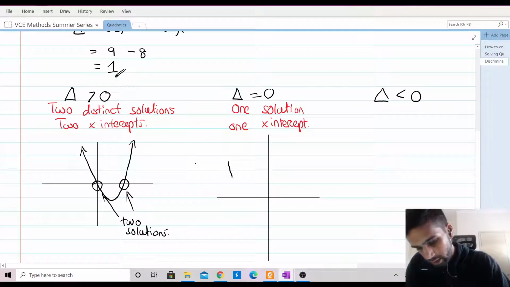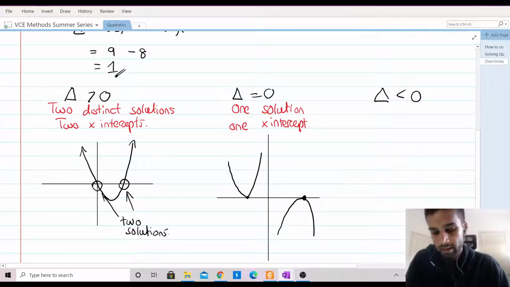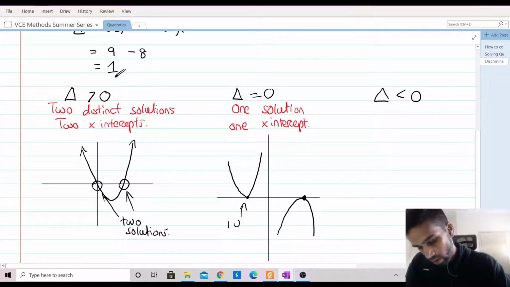If it just touches the x-axis like this, or even a negative graph like this, it only has 1 x-intercept. So this is the 1 unique solution.